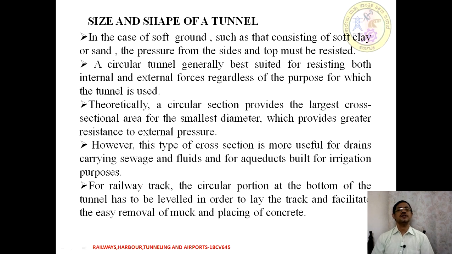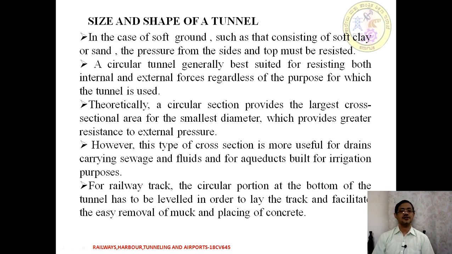In the case of soft ground, such as soft clay or sand, the pressure from the side and the top must be resisted, hence suitable structures have to be constructed. A circular tunnel is generally best suited, as it resists both internal and external forces regardless of the purpose the tunnel serves.